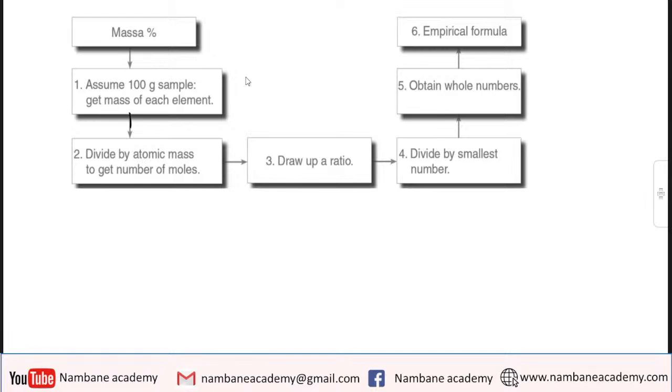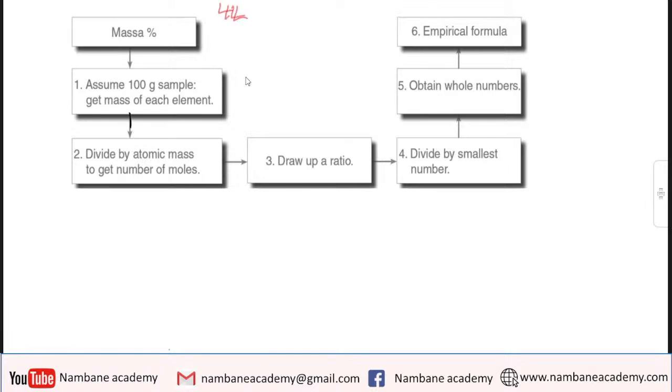Ladies and gentlemen, with empirical formula, we need now to have a definition of empirical formula. This is also from grade 10, but we are building to enhance the knowledge as well as increase the ability of getting everything right in the exam.